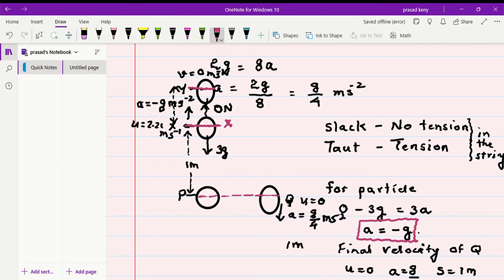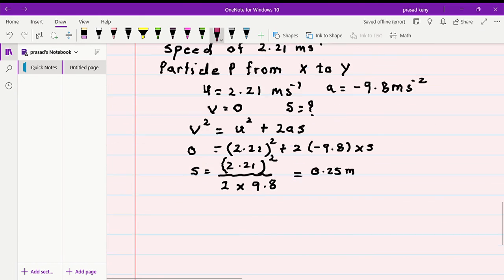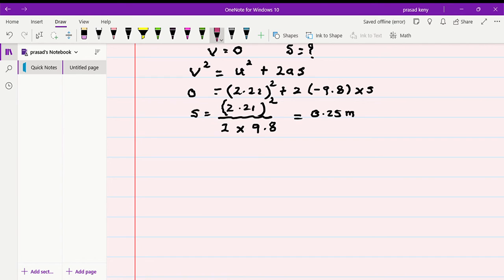So for this journey from X to Y, the initial velocity you will take as 2.21 meter per second. Final velocity here will be 0, and acceleration of the particle is negative g, because it is decelerating in gravity at a rate of 9.8 meter per second square, and hence it will travel an extra distance of 0.25 meter from X to Y.